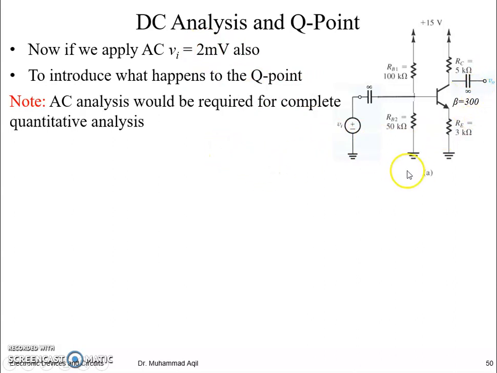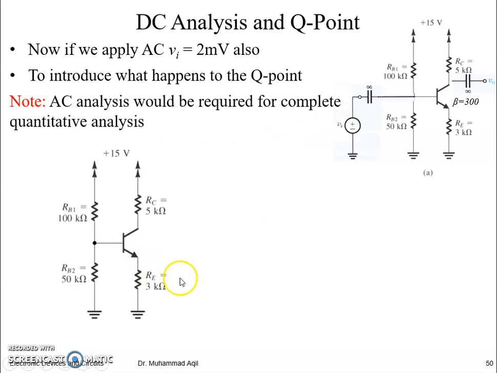But for quantitative gain calculations of this input AC to the output AC, we need AC analysis, which will be done later. So let's just apply this AC signal and see what is going on with the Q point.